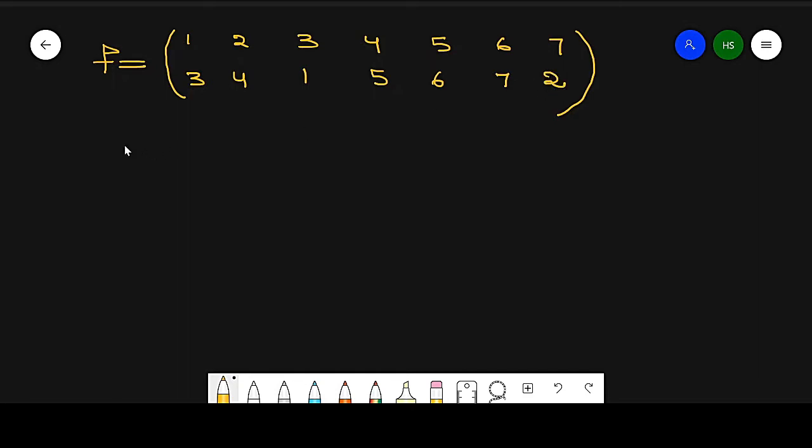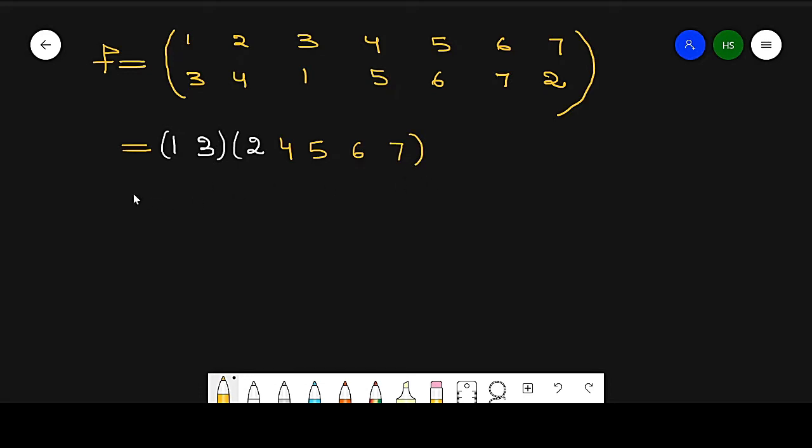First write it in cycles. So cycle 1 goes to 3, 3 goes to 1, so it completes the cycle. Now 2: 2 to 4, 4 to 5, 5 to 6, 6 to 7 and 7 to 2. So it completes the cycle. So these are two cycles.